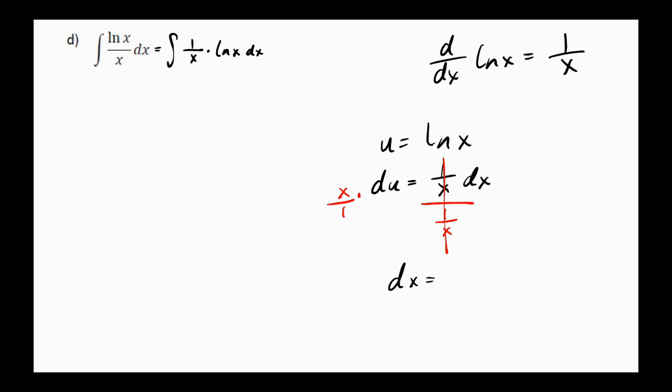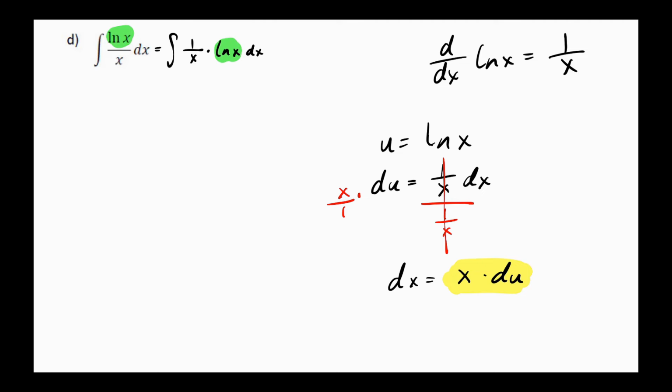So I get dx equals x times du, right? So we said this is going to be our u. This is going to be our dx. Let's plug it back in.